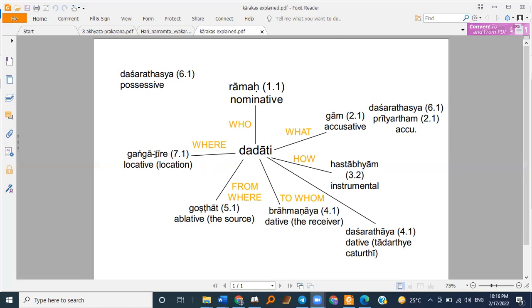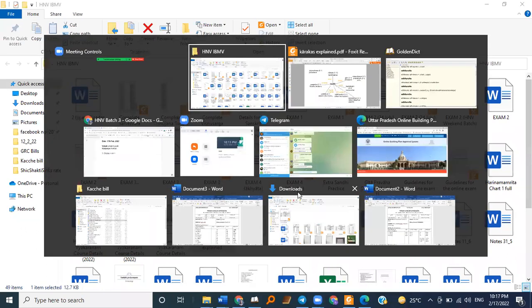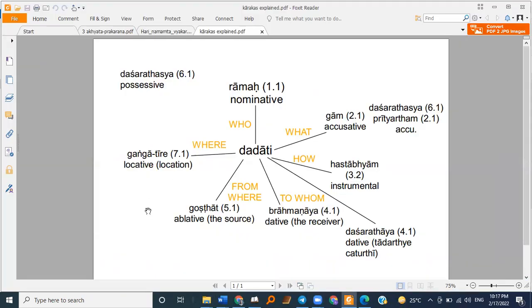On the banks of Ganga, Rama donated the cow with his hands to the Brahmana from his Goshala. Iti artha. So just a small chart on it. I'll share it in the group also. You can keep it.